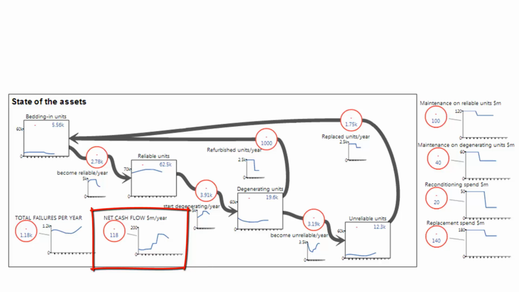But where we are now is that cash flow is beginning to get worse, and the main reason is that it is now suffering penalties because of the rising failure rate on the left.